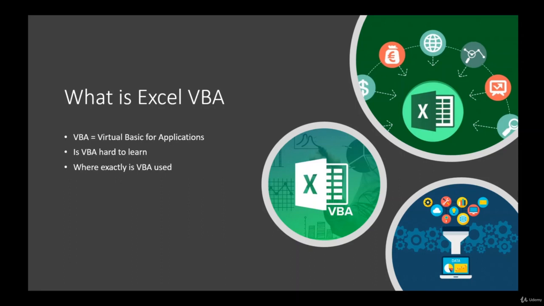So where exactly is VBA used? VBA is used under different Microsoft applications, and in our case we are going to use it with Excel because we're learning VBA for Excel. It's a programming language that works with different Office programs. It's pretty much used to create macros.